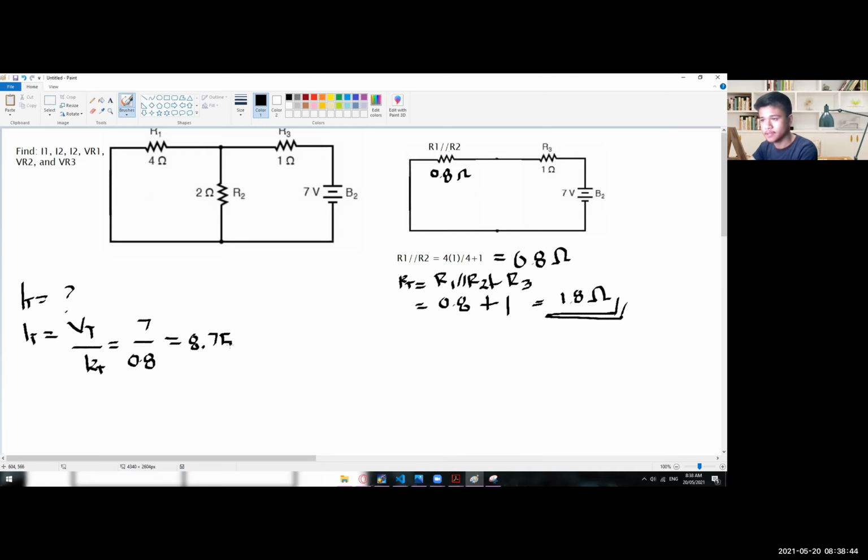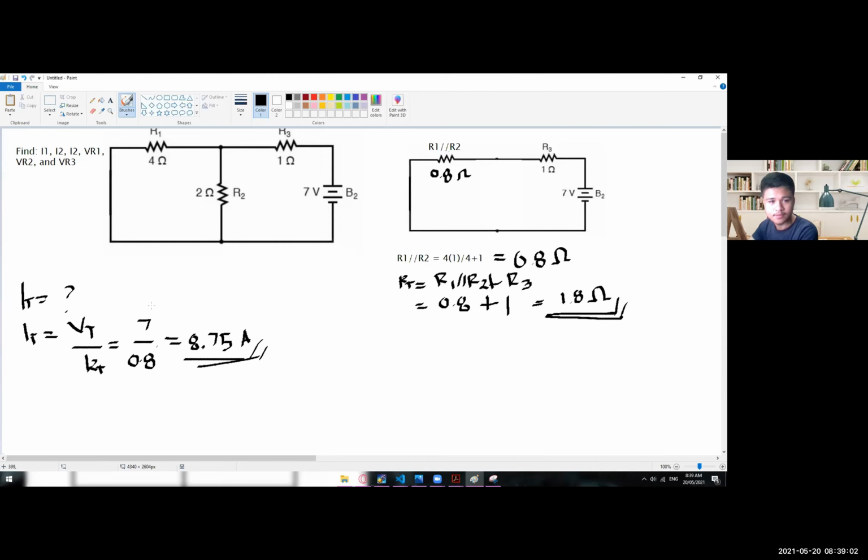I hope you guys are also checking my answers using your own calculator. Okay. So were you guys able to follow up to this point? 8.75 for the total current. Okay, very good.